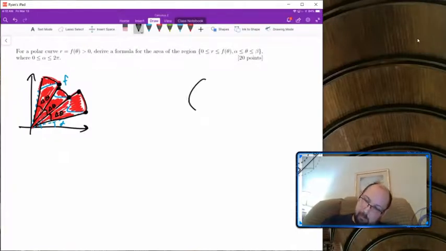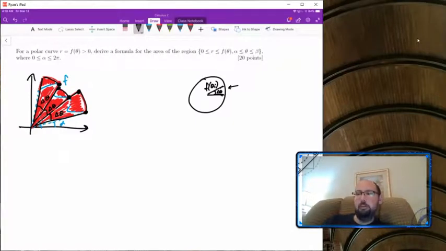So if I take a circle with a radius of f of theta at a specific location, let's call this f of theta I, where we index the thetas from alpha up to beta, and the little wedge has an angle of delta theta. What is the area of that little portion?